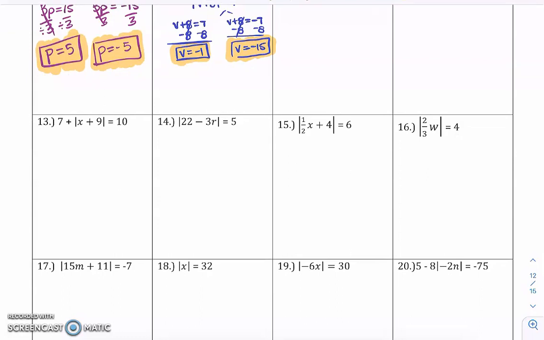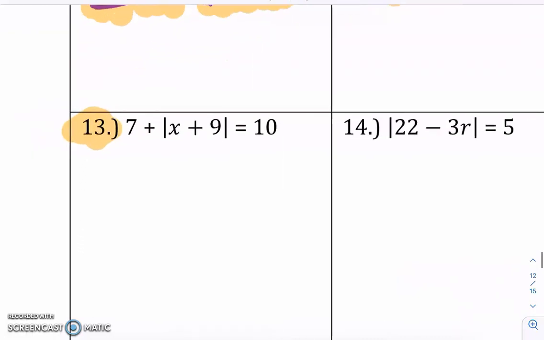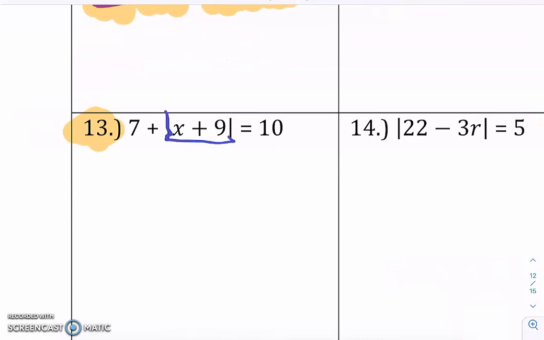All right, let's do 15, 13, and 20 yet. All right, so 15. Still need that to be by itself. So we need to move the 7. So it's 7 plus. I know that I'm subtracting because there's literally a plus sign there.